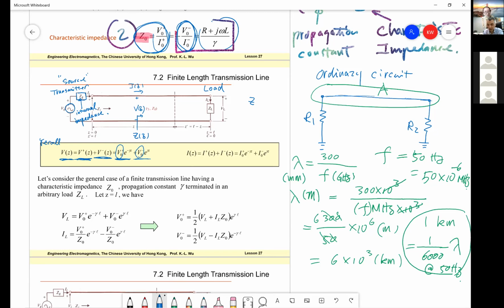It depends on the boundary condition. What is the boundary condition now? It is a load, and also the source, right?